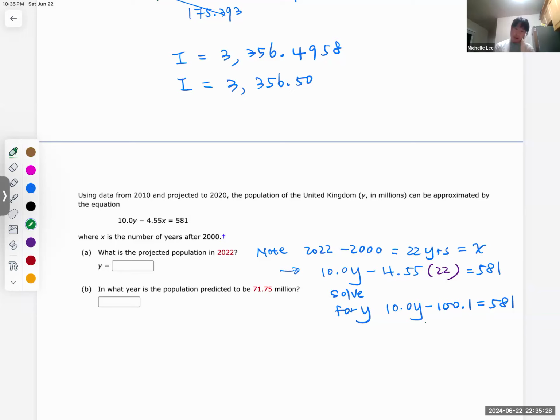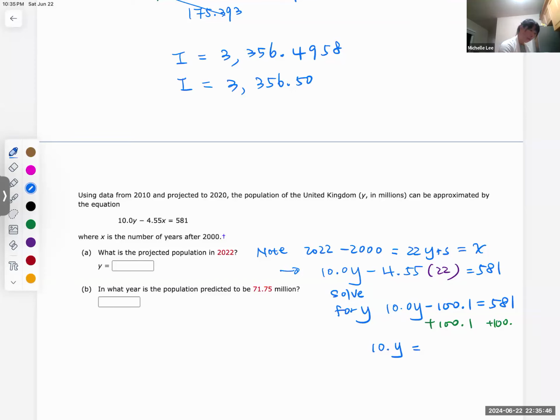So we add 100.1 to both sides. So we have 10y equal to, it's addition, right?